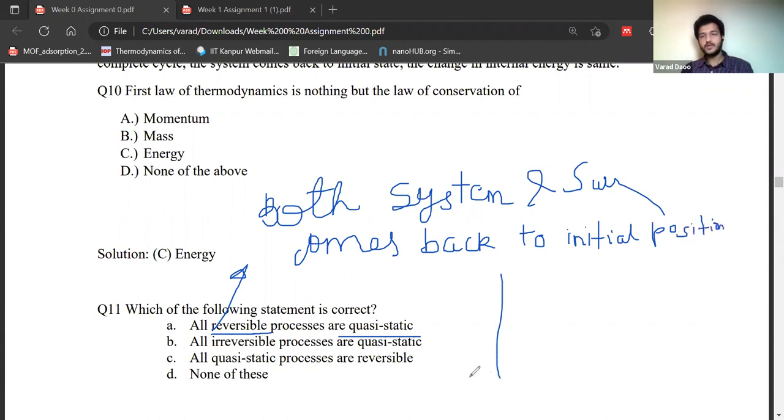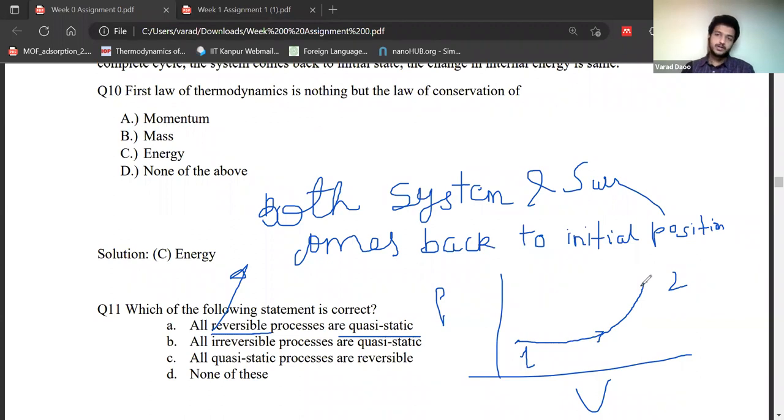That means if we were to draw it on a thermodynamic diagram, let's say P and V, this is the initial position, this is the final position, and if we go from here to here like this, then a reversible process would be able to retrace this path. Thermodynamically, in a reversible process, if this is the initial path, we can trace back the exact same path.